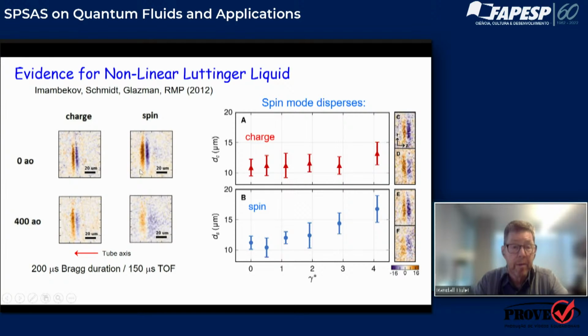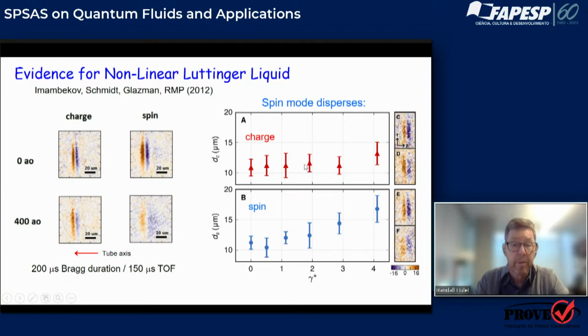The velocity of the charge and the spin wave should be exactly the same for a free Fermi gas. But if you go up to strong interactions, the spin dispersion appears to be nonlinear. It's no longer very well-defined momentum, but rather the momentum is spread out. And this is an effect of the nonlinear part of the dispersion relation, and had never been seen before in a quantitative way.